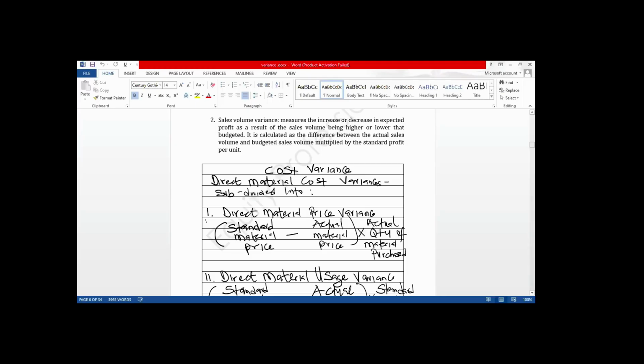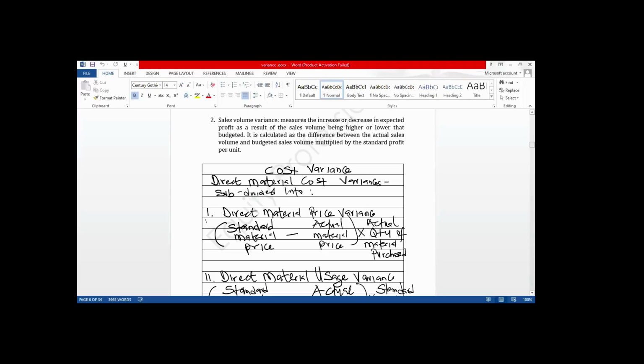Direct material cost can be subdivided into two. Roman figure 1, direct material price variance. What is direct material price variance?